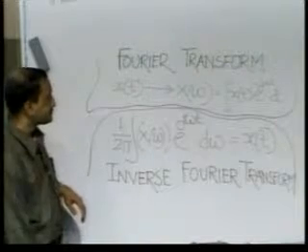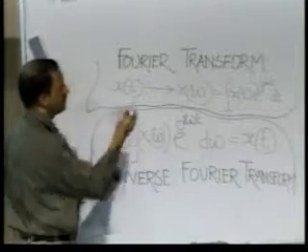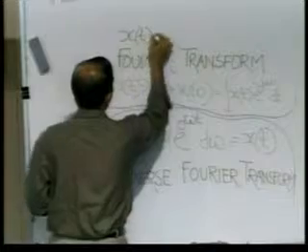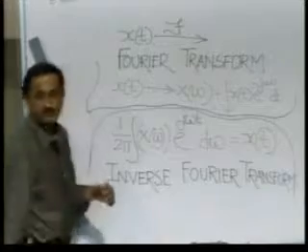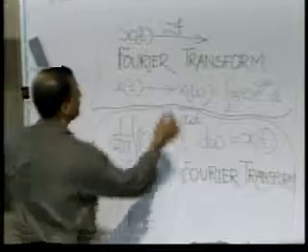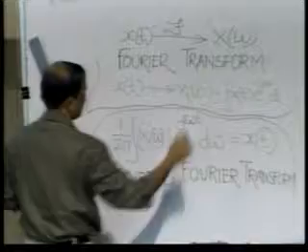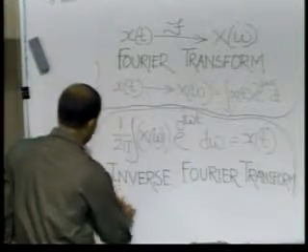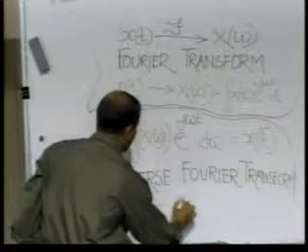And we shall use a succinct or a shorthand notation for this. We will say x of t has the Fourier transform, we will write script F, capital X of omega. In future, we shall use script F to denote the Fourier transform. And similarly, we shall say that capital X of omega has the inverse Fourier transform.